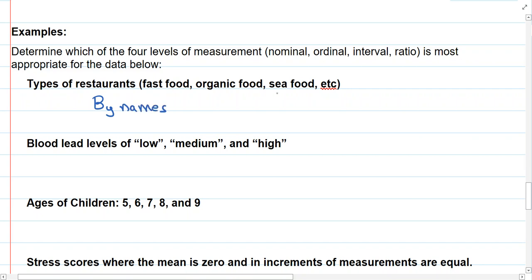Fast food, organic, seafood, etc. They're by names, therefore it's nominal. Blood levels, low, medium, high. This is in order. So therefore it is ordinal.